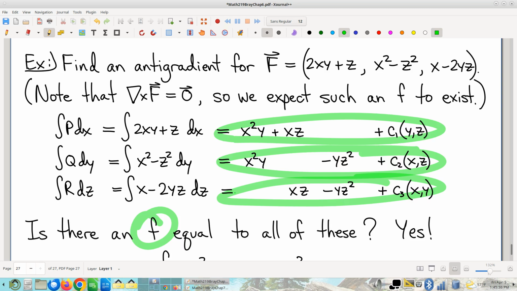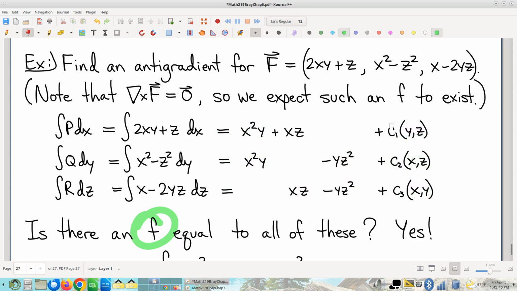But keep in mind, we do have the flexibility to put whatever we might need into here. And so I would propose that we can make all three of these expressions have an x squared y term just by choosing to have this C3 function be x squared y. It works, right.